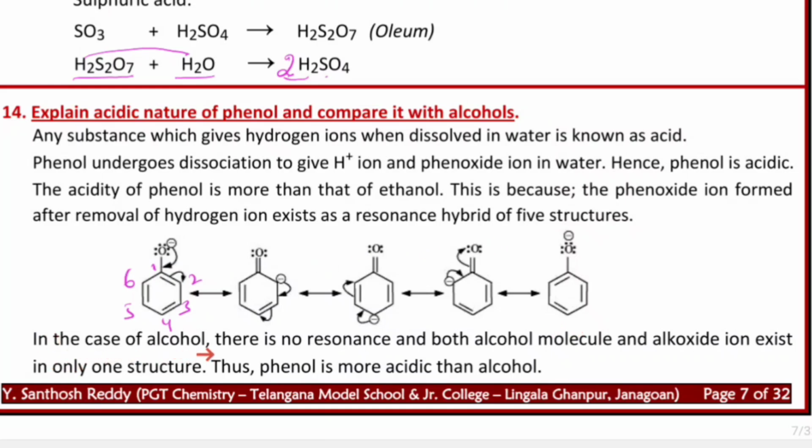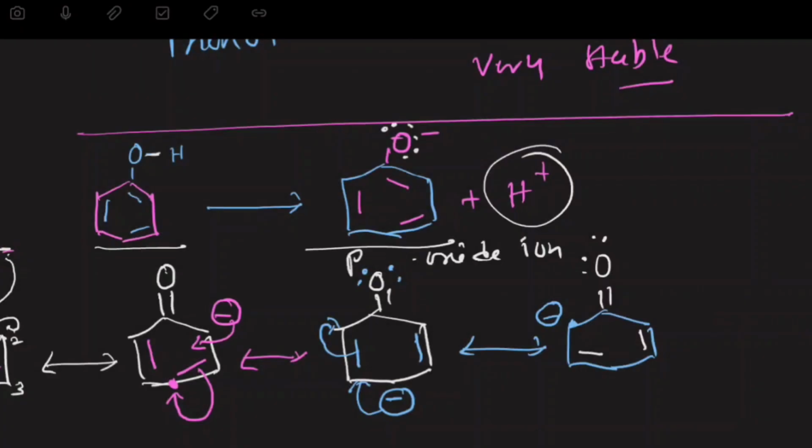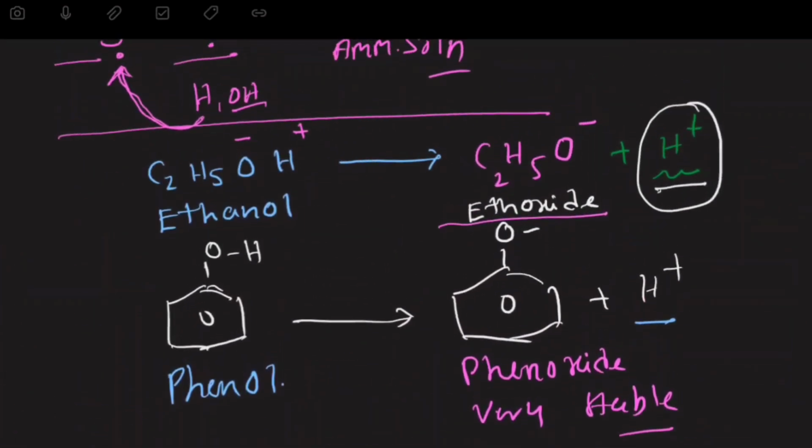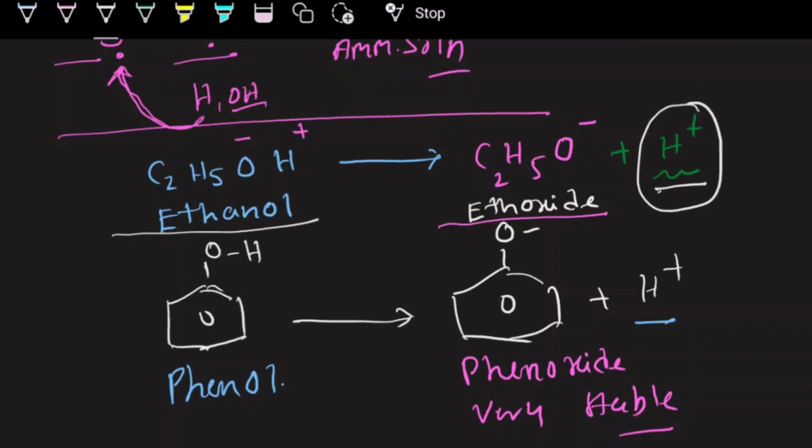In the case of alcohol, there is no resonance, and both alcohol molecules and alkoxide ions exist in only one structure. Thus phenol is more acidic than alcohol. Alcohol and alkoxide, that means a few minutes back I explained this is alcohol, ethanol and ethoxide.